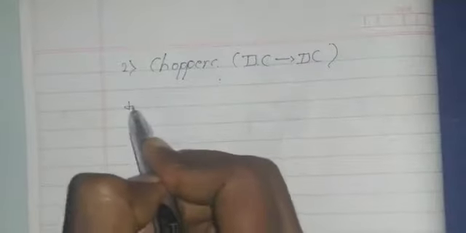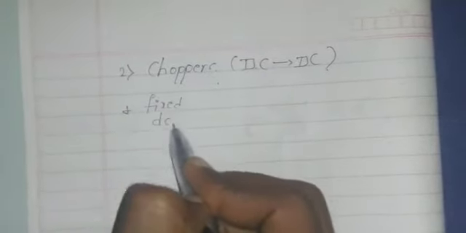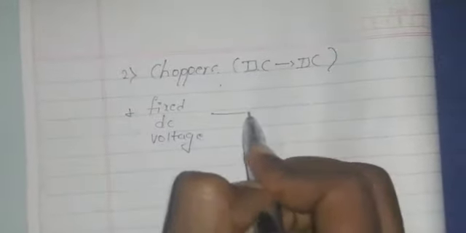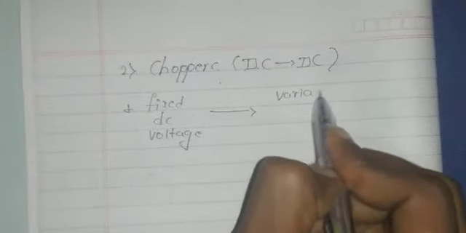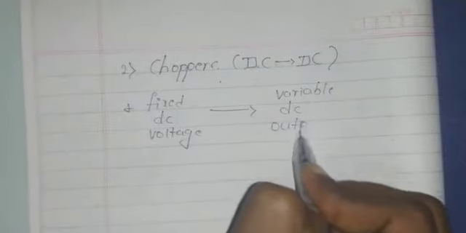Its main function is to convert fixed DC voltage to variable DC output voltage.